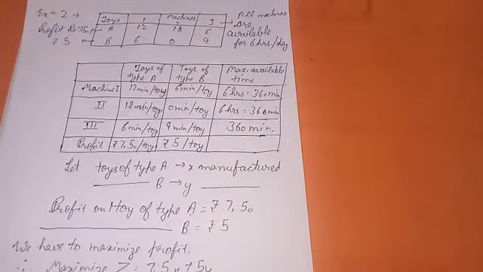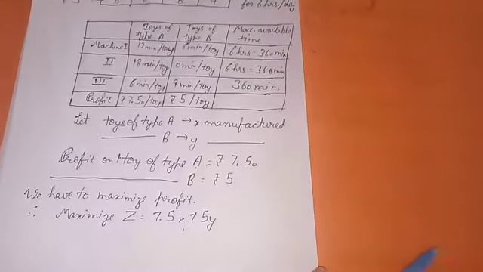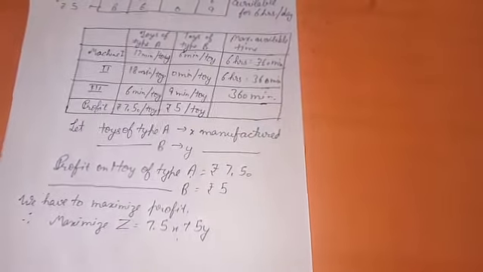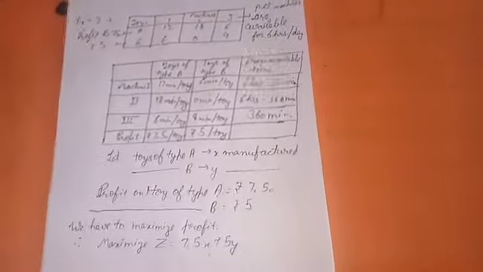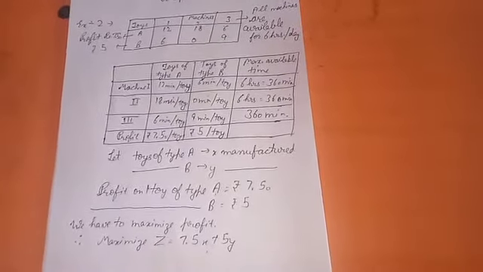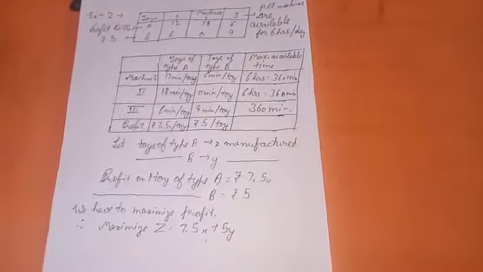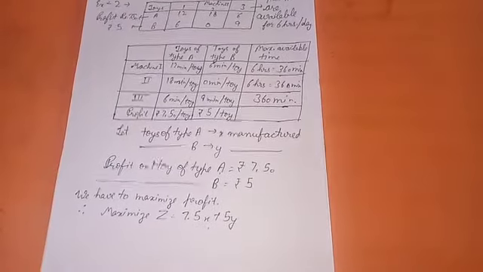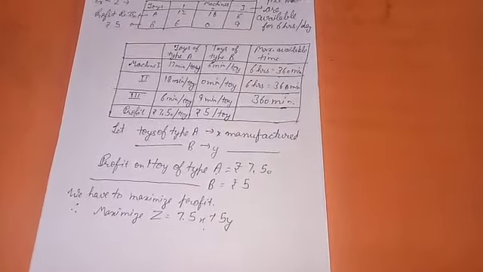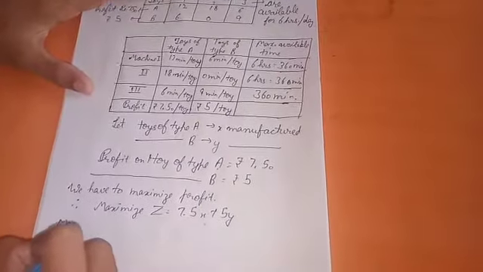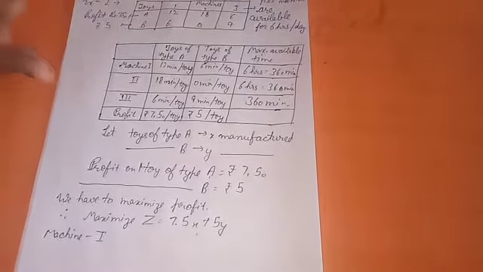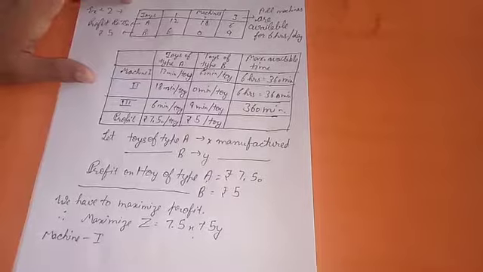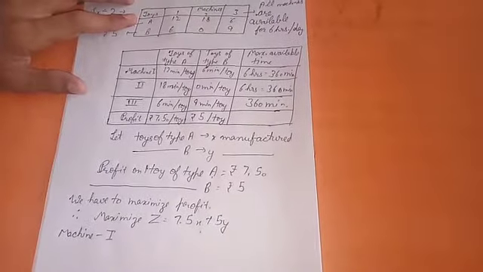Okay, now we will talk about constraints. Our constraints will be that how much time it takes in each machine and the time available of each machine. Okay, first we talk about machine 1. Now toy of type A takes 12 minutes, so total time taken by X toys will be 12x.